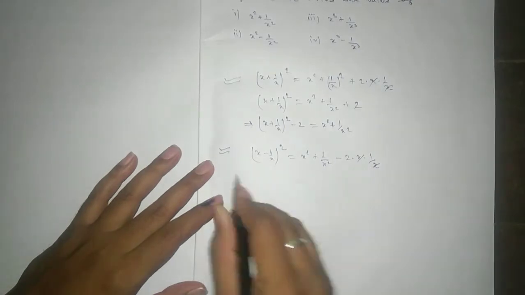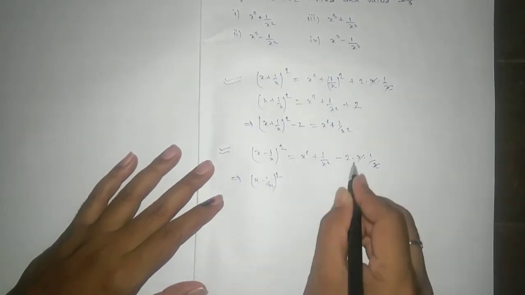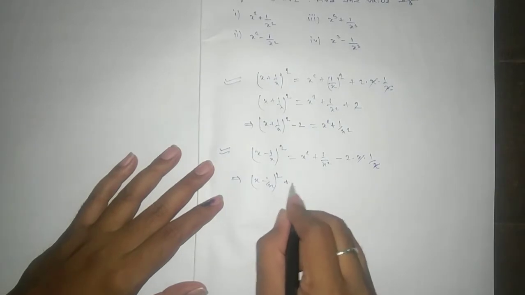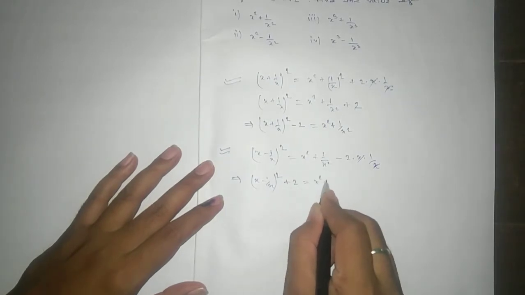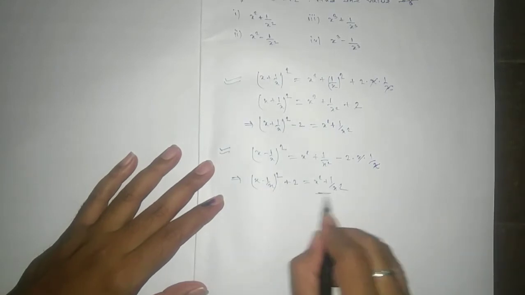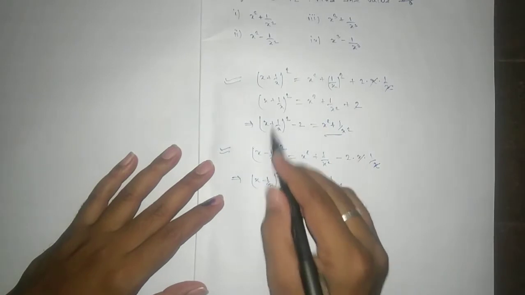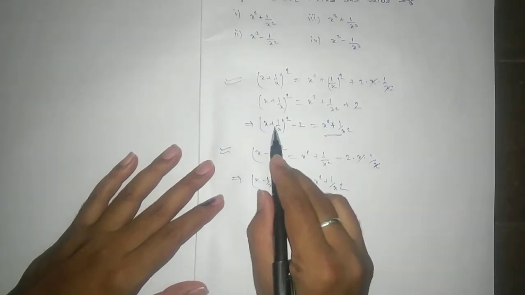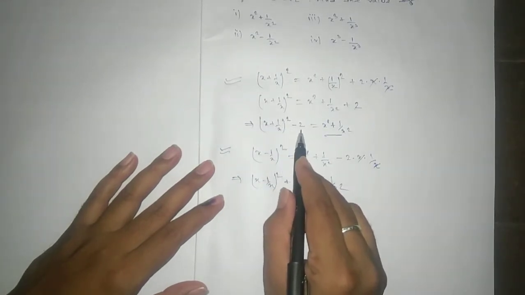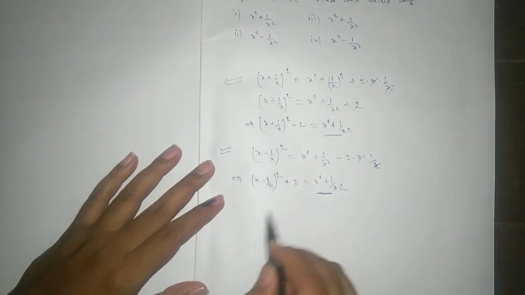So x cancels, we get x minus 1 by x whole square, and this 2 comes to the other side and gives plus 2. So we get x square plus 1 by x square equals x minus 1 by x whole square plus 2. When you apply x plus 1 by x, there is a minus 2, and when you apply x minus 1 by x, there is a plus 2.